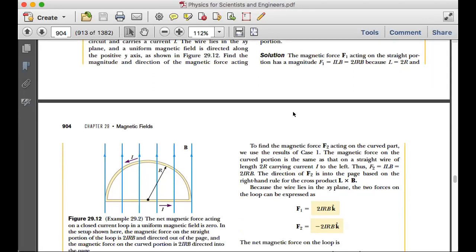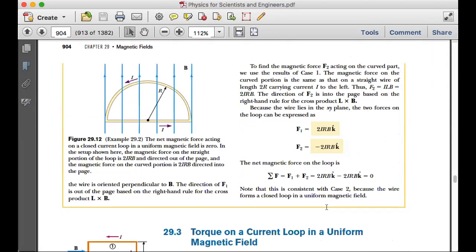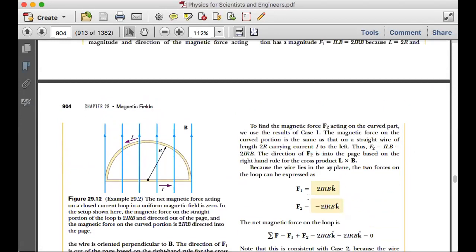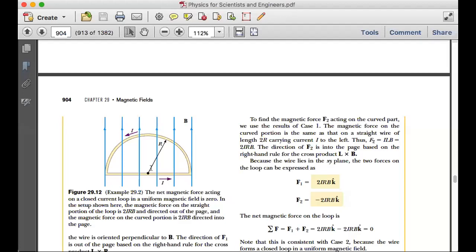So we have, let's say, L cross B. The direction of the force is outside the paper, in this case, in this straight line. But in the curved line here, it will be the opposite.